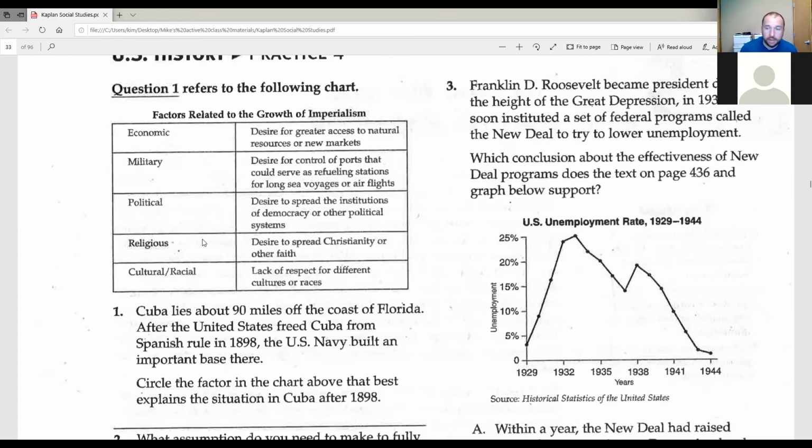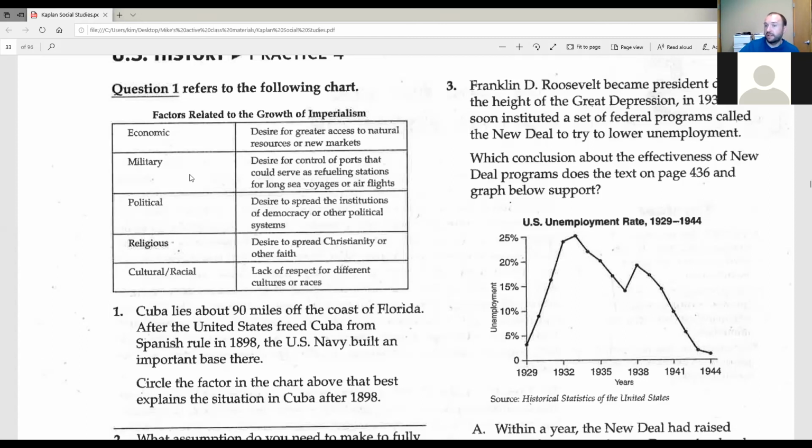And then culturally, it says here, lack of respect for different cultures or races, but it also works both ways, with some of these stronger countries wanting to impose or spread their cultural beliefs across. So that's kind of a long-winded explanation of the chart.